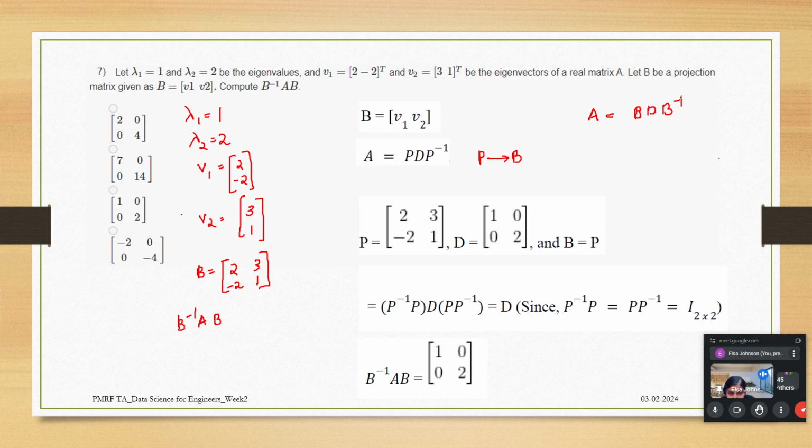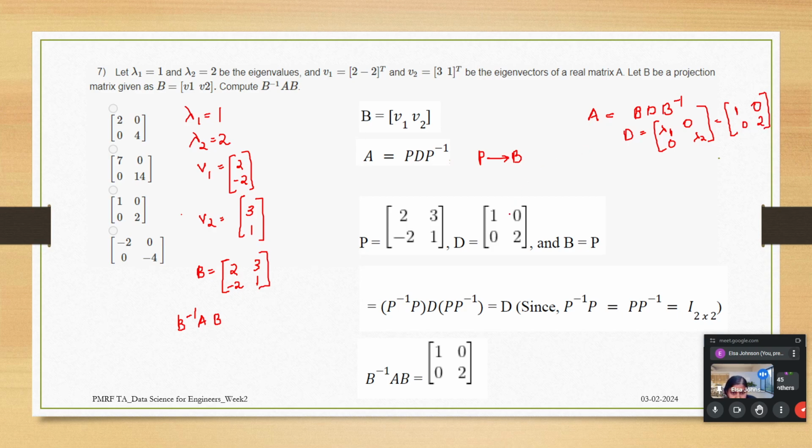B is also given, and D will be the matrix formed by the eigenvalues, like lambda 1, 0 and 0, lambda 2. So that will be 1, 0 and 0, 2, okay?